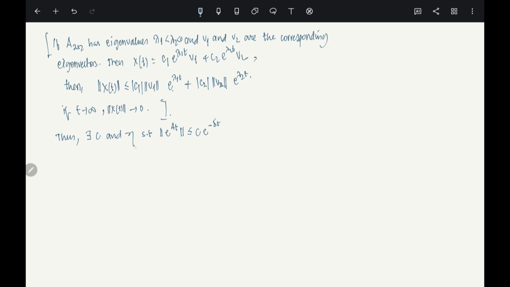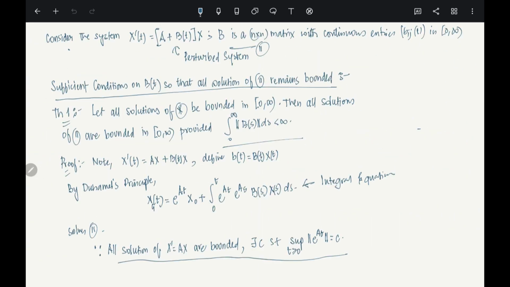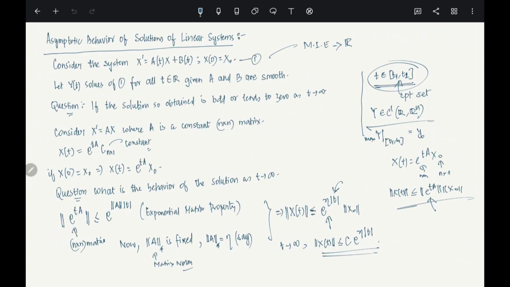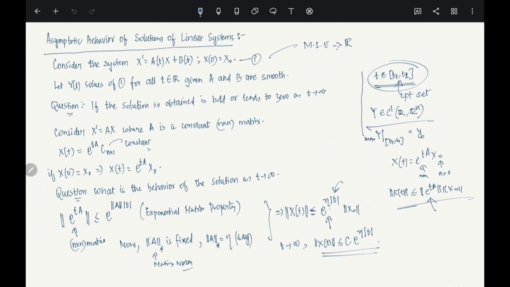Okay, maybe eta times t is fine. Did I use eta somewhere? I have used eta somewhere. Okay, e to the power eta t.